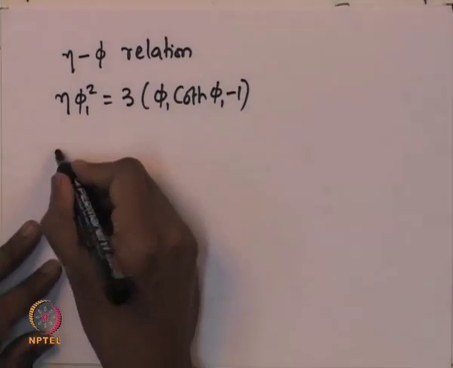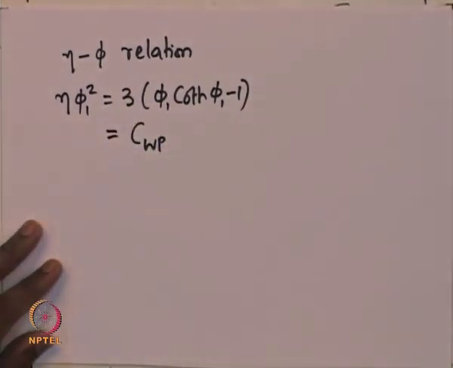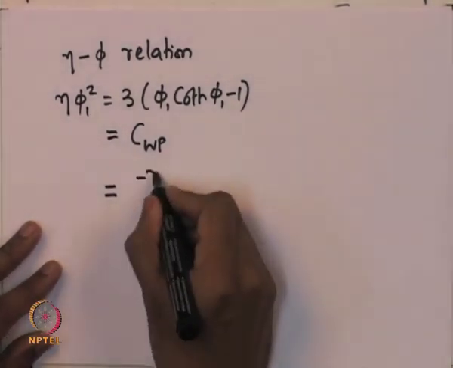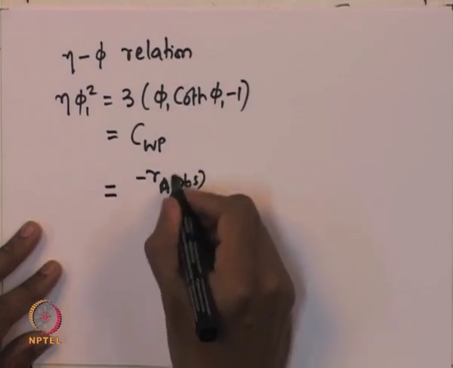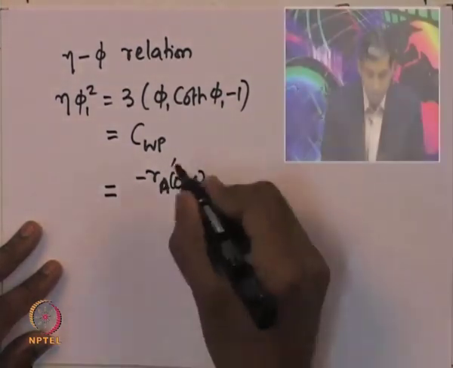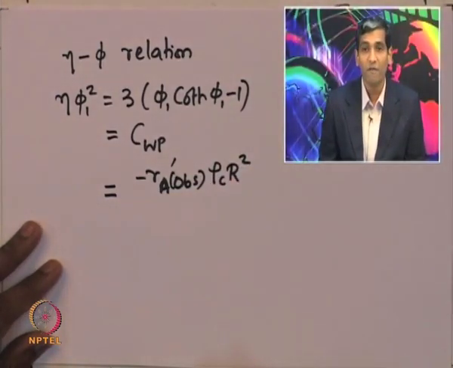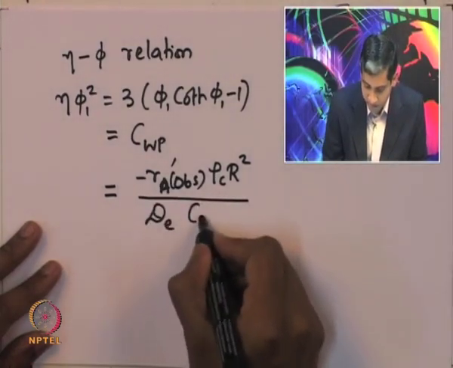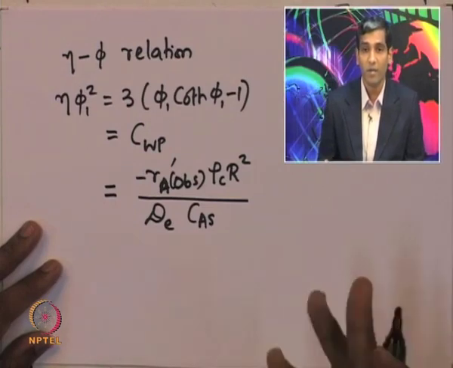Now, this is equal to the Weisz-Prater parameter C WP, and that is also equal to the observed reaction rate multiplied by the density of the catalyst multiplied by the square of the radius of the particle that is used, divided by the diffusivity into the concentration at the surface, because the mass transport limitations are not there.